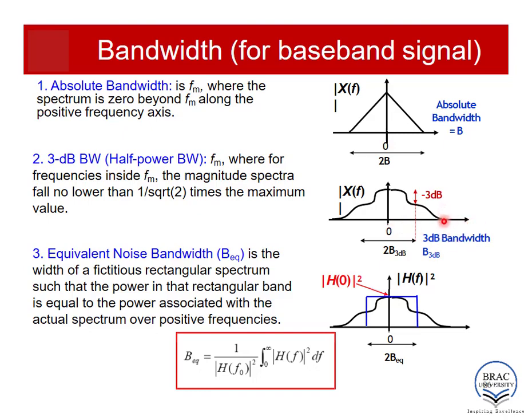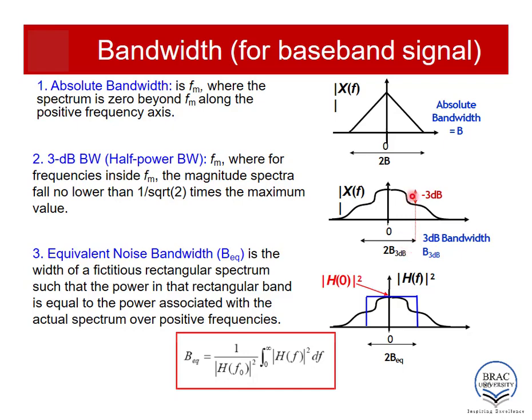This frequency covers the total power of the signal. Any frequency less than this will not cover the total power. So there is a certain frequency somewhere in between this region where the power covered up to that frequency is half of the total power. That frequency is called the 3 dB bandwidth.